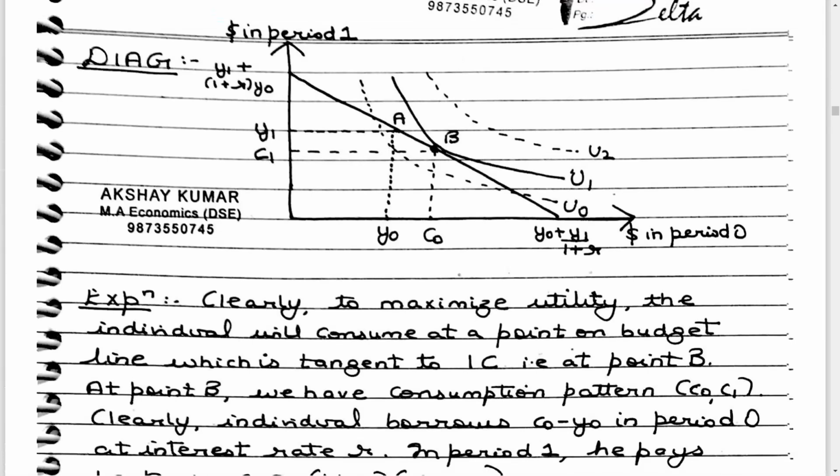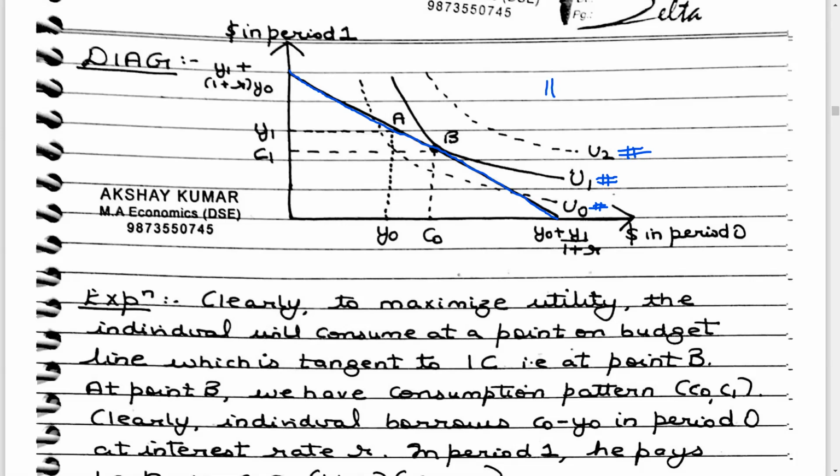Okay, so you can see that this is my budget line in the diagram. You can see 3 indifference curves, U0, U1 and U2. And you can clearly see that equilibrium happens at the point of tangency. It's an interior solution where the slope of the indifference curve exactly equals the slope of the budget line.